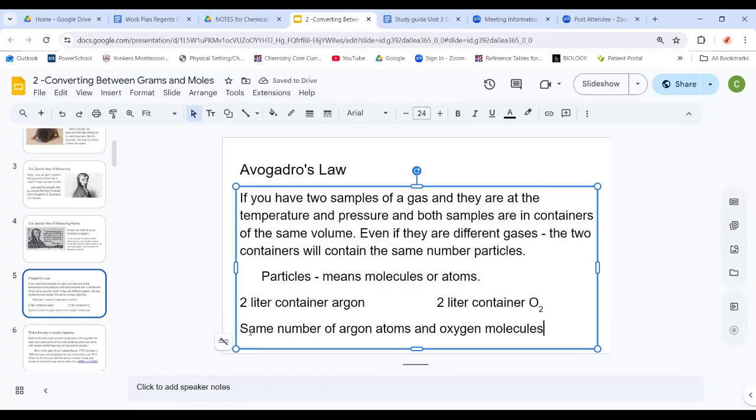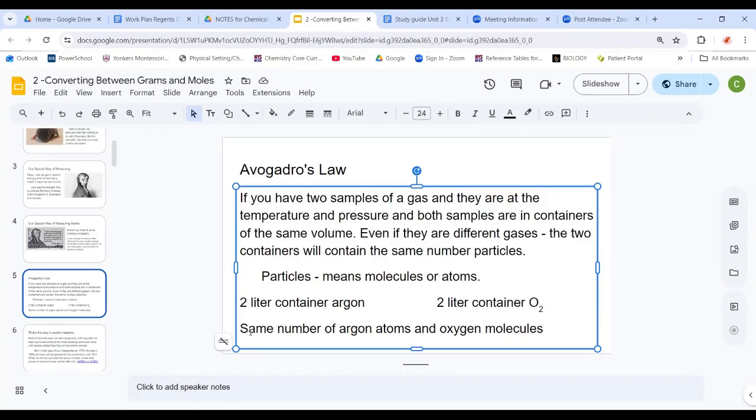Okay, so this is a little hard to wrap your head around, but he basically does the preliminary work. What he realizes is there's some kind of relationship between the mass of atoms and how many actual atoms are in that mass. So he lays down the groundwork by making this discovery.